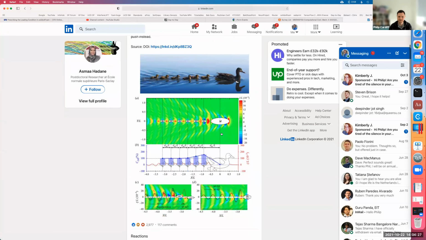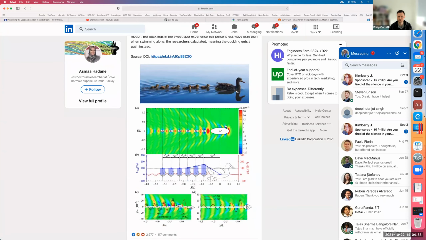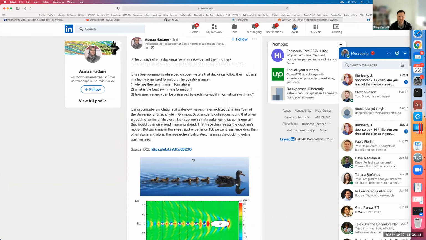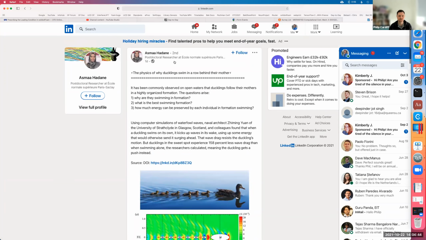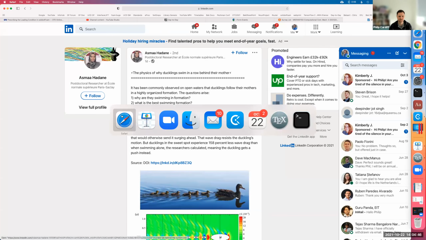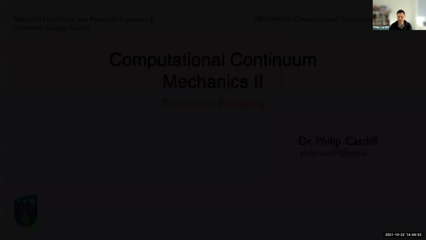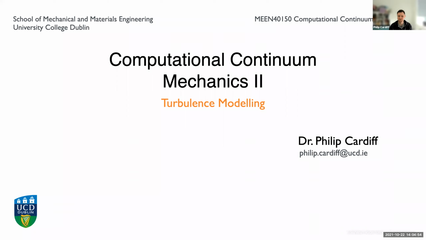They did a CFD analysis of ducks swimming and why it's good to swim in an inline formation, to do with reducing the drag on the ducklings that come behind. So I just thought it's interesting. You can see interesting applications of simulation, CFD, FEA on LinkedIn or Twitter.